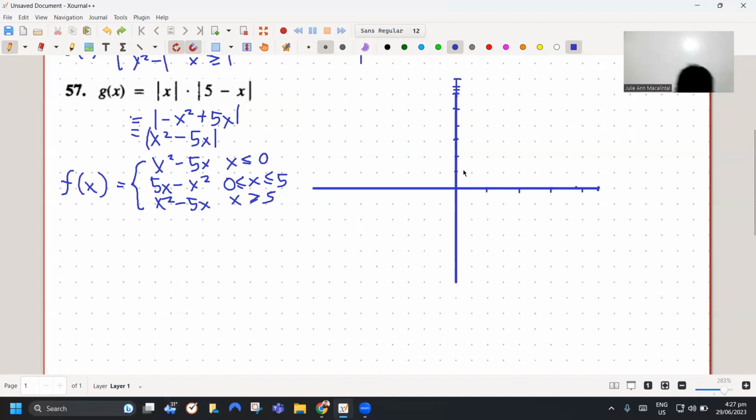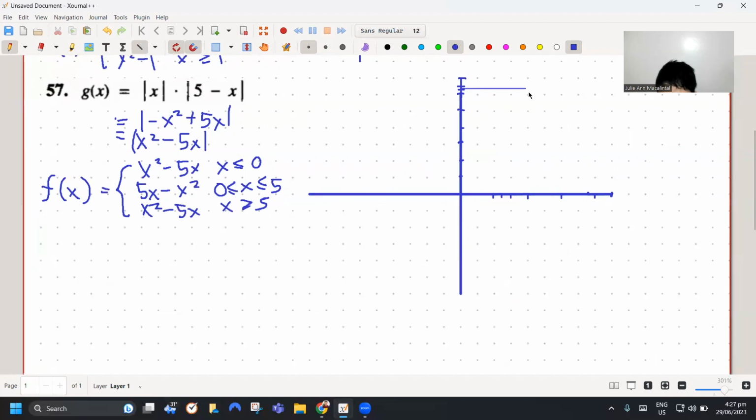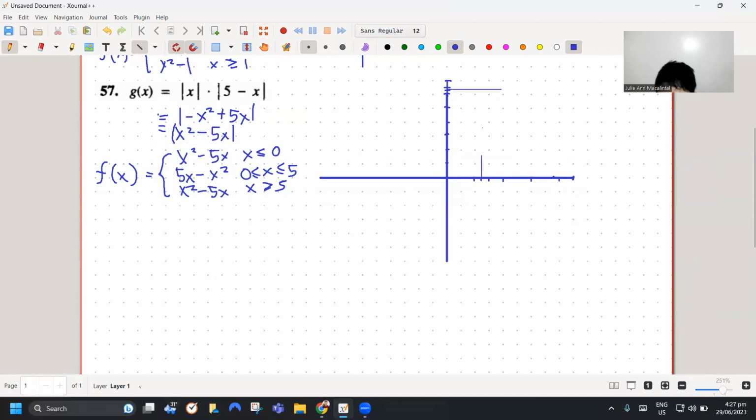2.5. Teka, ano yung isang division mo sa X?